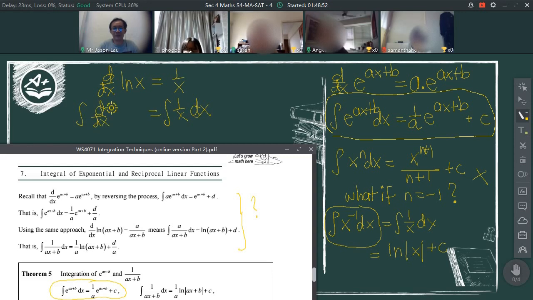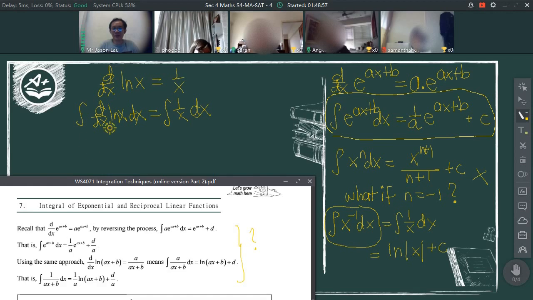Remember all this unwrapping the present thing? You differentiate, then you integrate to unwrap everything back, so you get ln x. Can? But how come there's a modulus? In differentiation there's no modulus, because the question is to differentiate ln x.